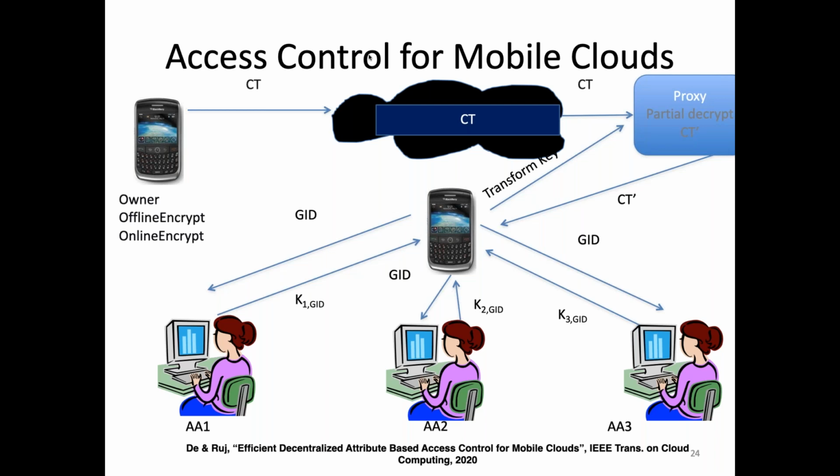The direction of work is to make the techniques much more efficient by dividing them into several stages, where you do some online computation and offline pre-processing, or take the help of a proxy server that does partial decryption without being able to get the complete plaintext message from the ciphertext.